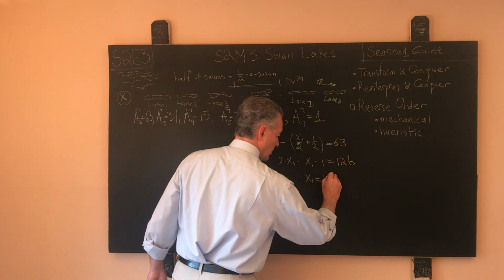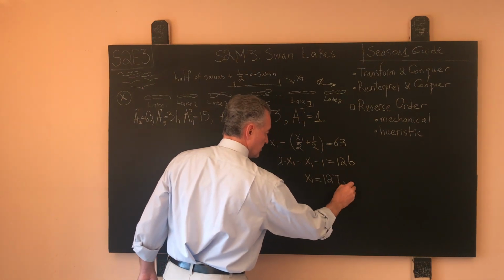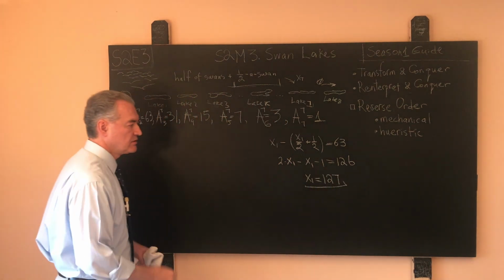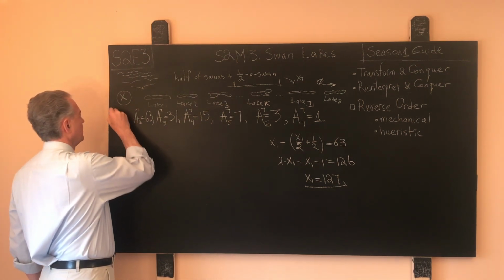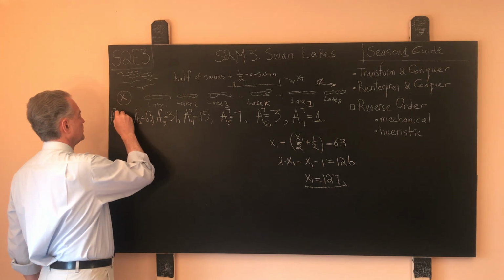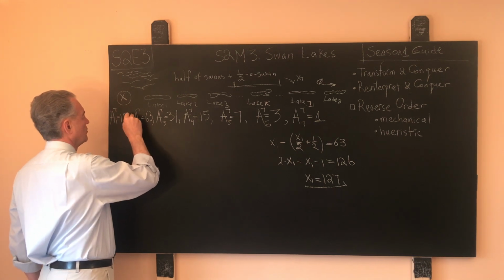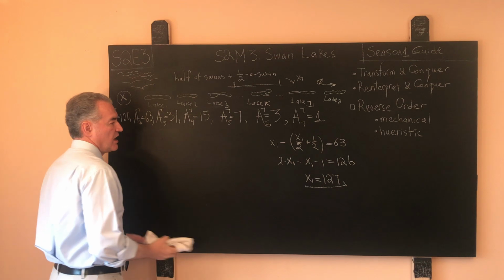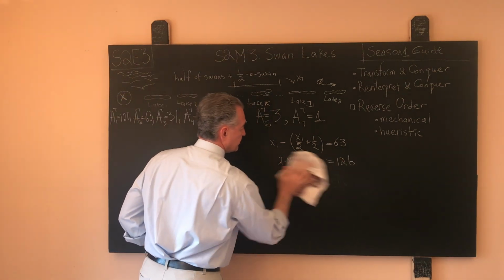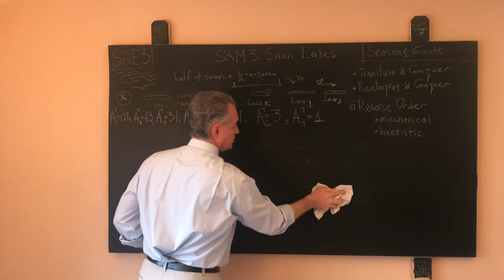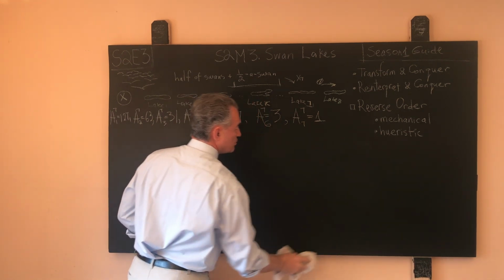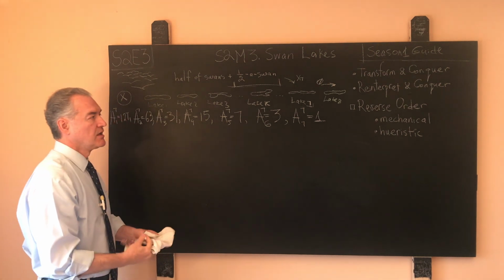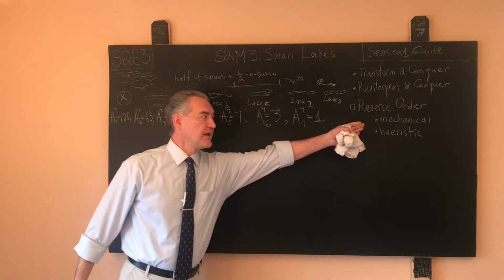What do we have? 127, ladies and gentlemen. 127 swans approach the first lake out of the set of 7. 127.